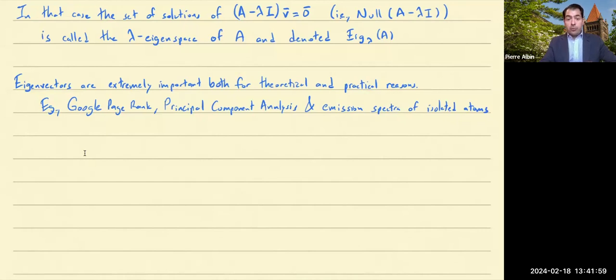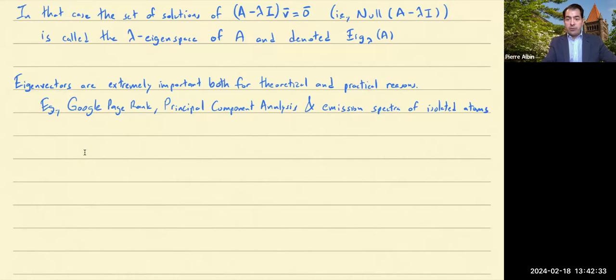So what you do is you compute the variance-covariance matrix of the data you have in terms of your initial variables. And then you find the eigenvalues and eigenvectors of the variance-covariance matrix. The eigenvectors are the principal components of the data, and the eigenvalues tell you how much of the data is being explained by each eigenvector. Well, not really the data, but the variance of the data is being explained by each eigenvector.